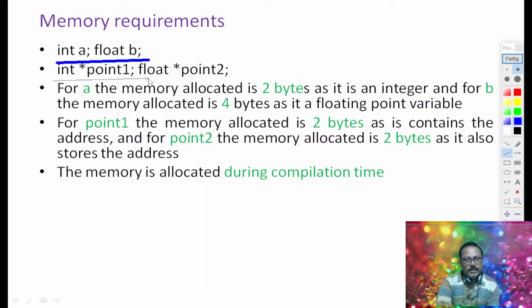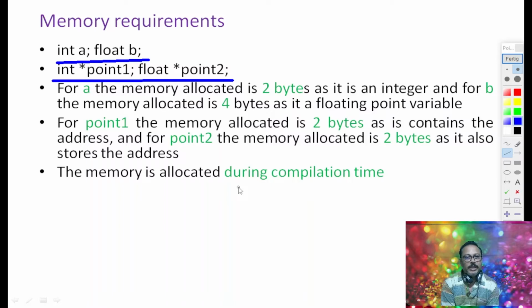If we consider integer star p1 and float star p2, how much memory is allocated? This is where you have to concentrate. For these two variables also, memory is allocated during compilation time itself.